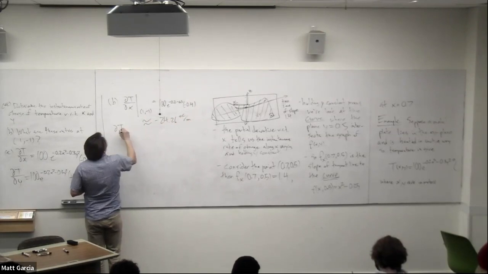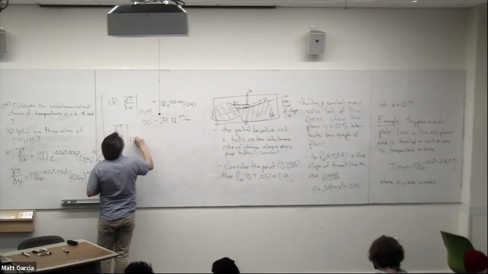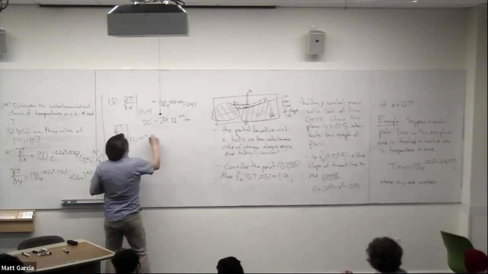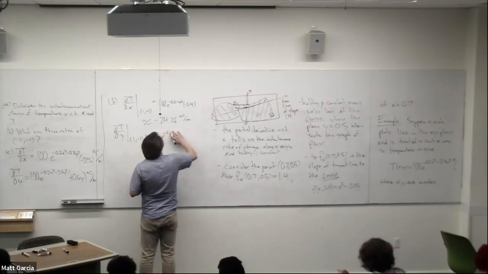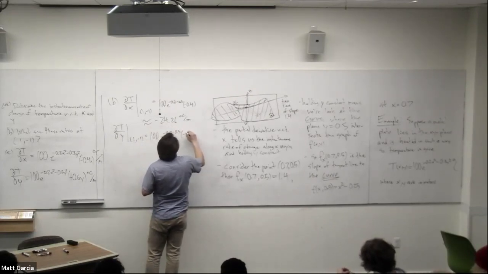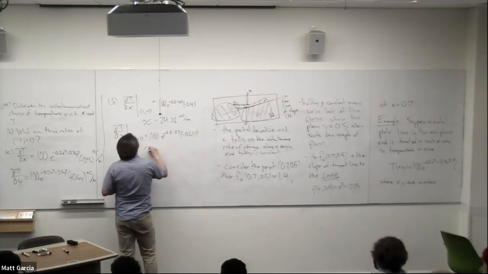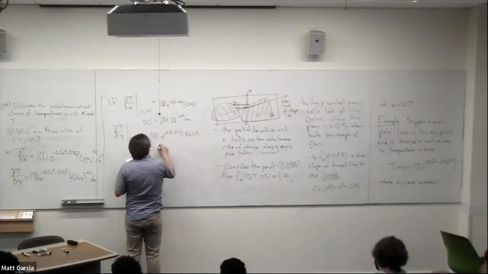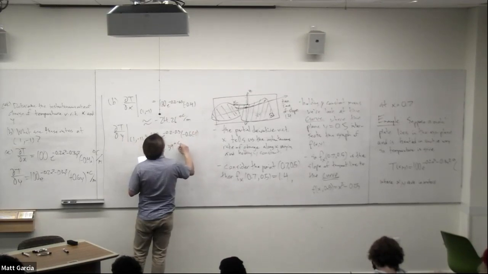Okay, so partial T partial y evaluated at the point (1, -1) is equal to, again, 100 e to the negative 0.2 minus 0.3 times negative 0.6 times negative 1, which, again, plugging into a calculator, is approximately equal to 36.39 degrees Celsius per meter.